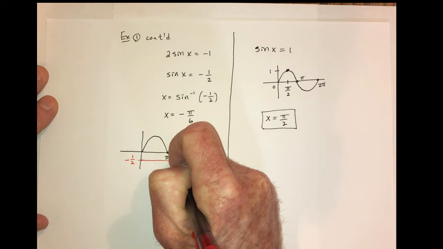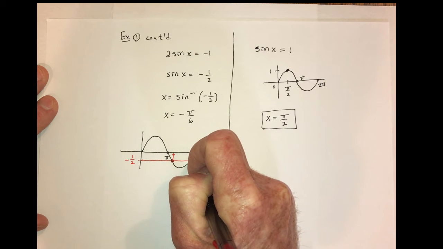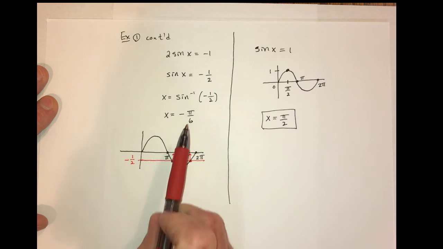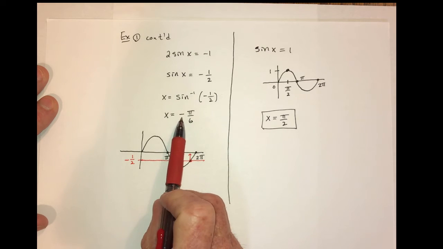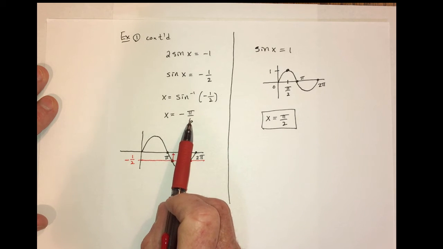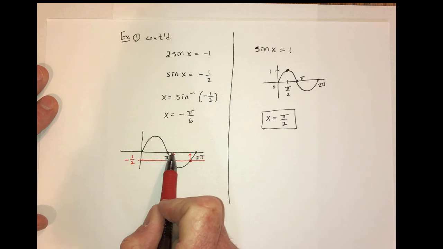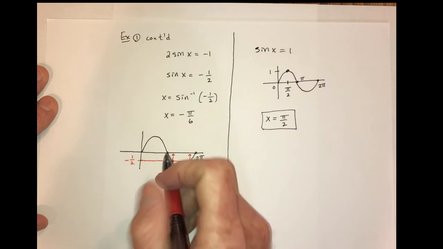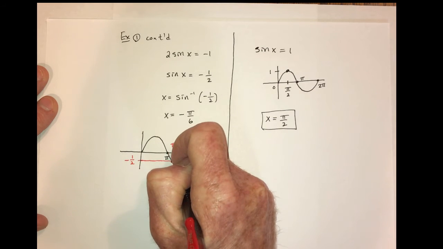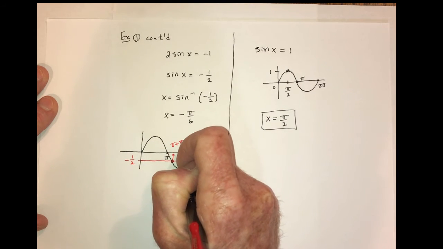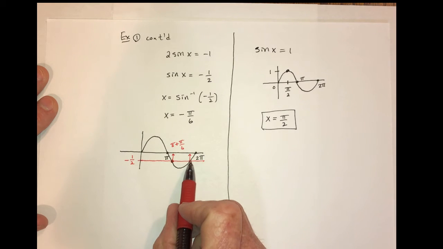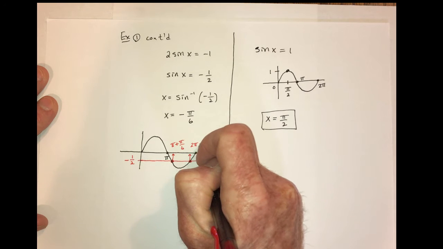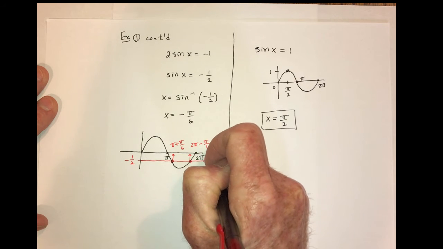One that's right here to the right of pi, and one that's right here, which is to the left of 2 pi. And this pi over 6, you can ignore the negative. This pi over 6 is telling us this gap is a length of pi over 6. So this one is to the right of pi, so that's going to be pi plus pi over 6. This one is to the left of 2 pi, so this is going to be 2 pi minus pi over 6.